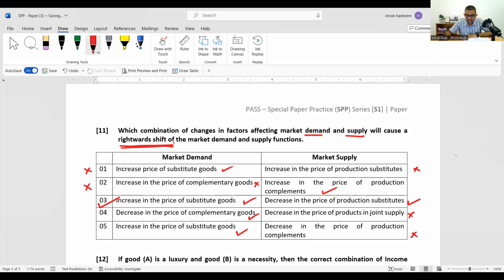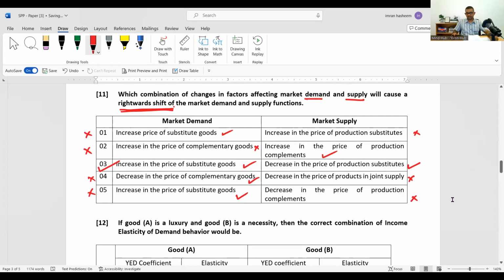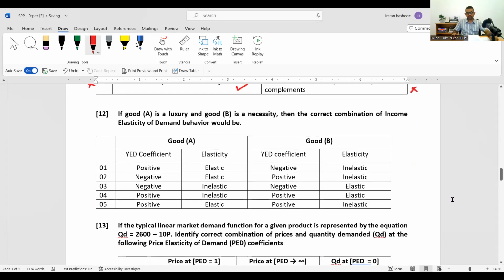So the second, fourth and fifth answers keep talking about the same thing, that is production complementary goods, or byproducts. That's the only word I haven't used; I used all the other words for that. Correct answer is basically the third answer. Okay, any questions you guys can ask and clarify.